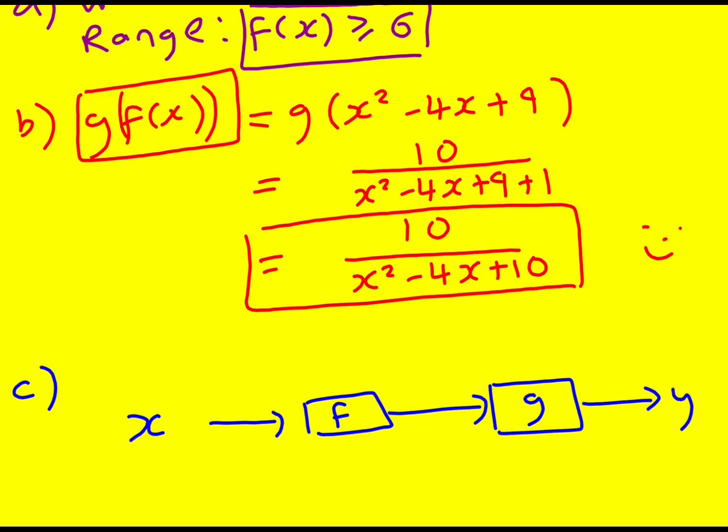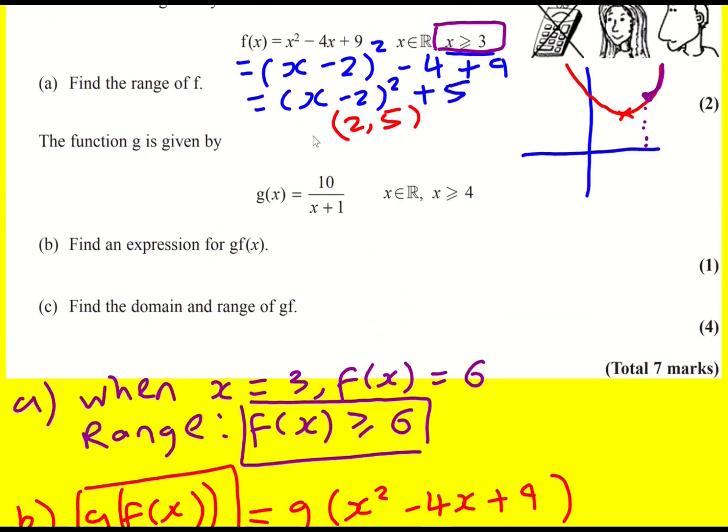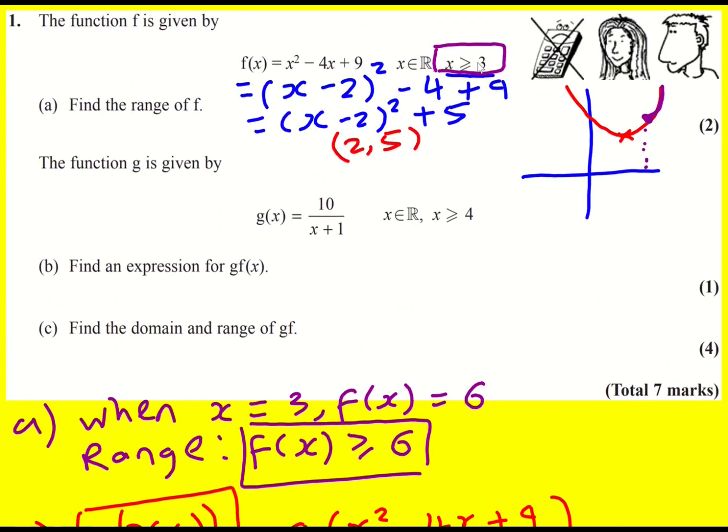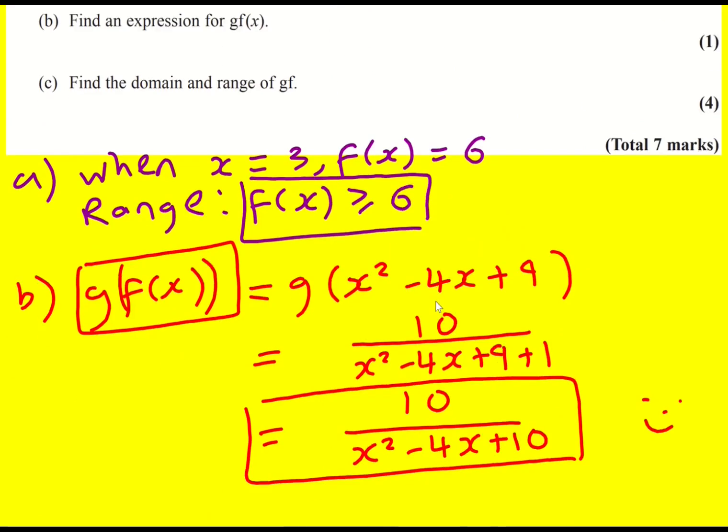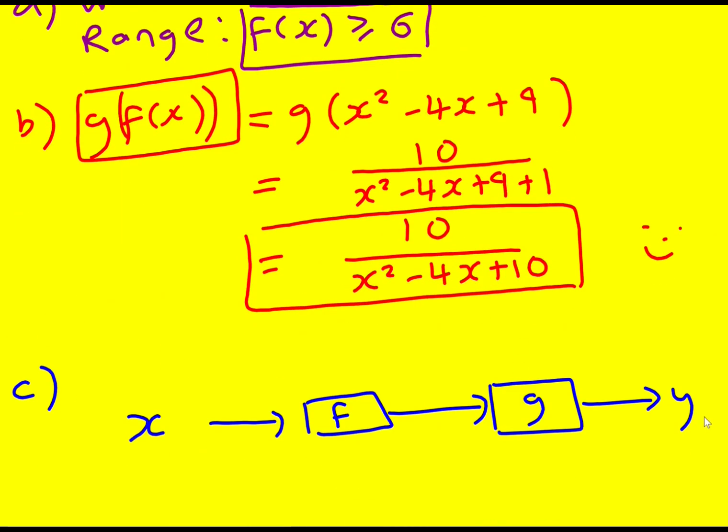That is what is happening. But we were told right at the start of the question that for f of x, x is greater or equal to 3. So that is also the domain of this function. It's going to be that x is any real number, that x has to be greater or equal to 3.